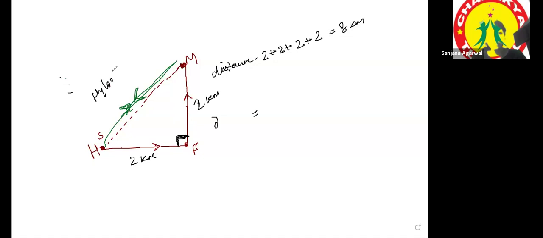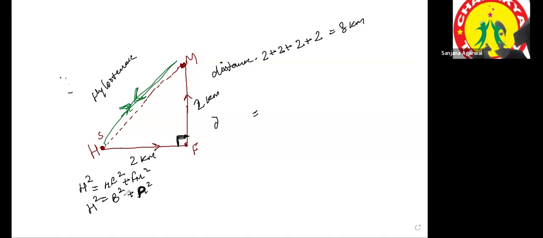In simple terms, the theorem says the hypotenuse square equals base square HF square plus FM square, where HF we call the base and FM I am calling the perpendicular, because H stands for hypotenuse, right?